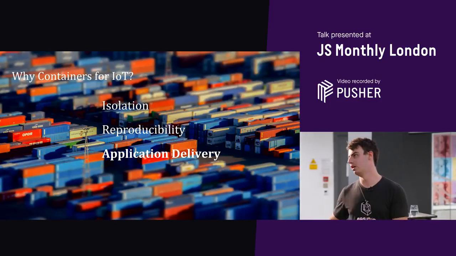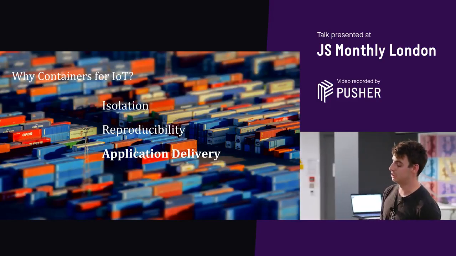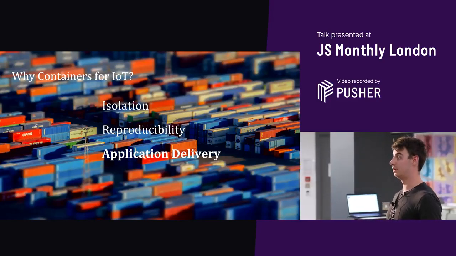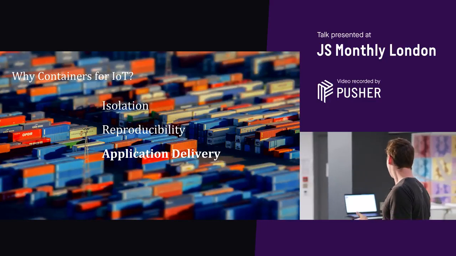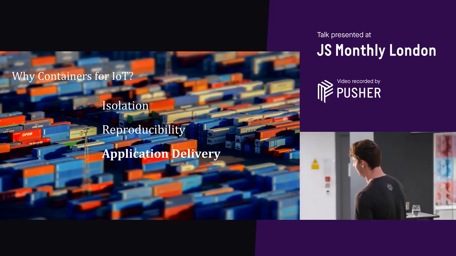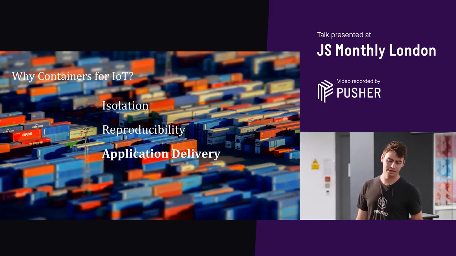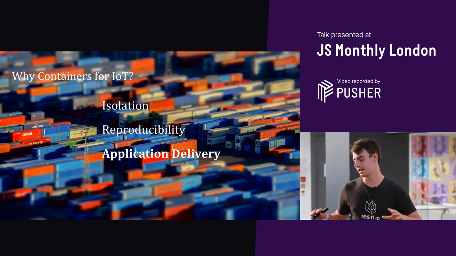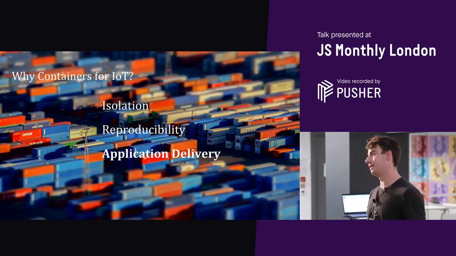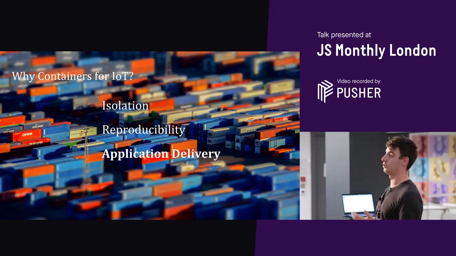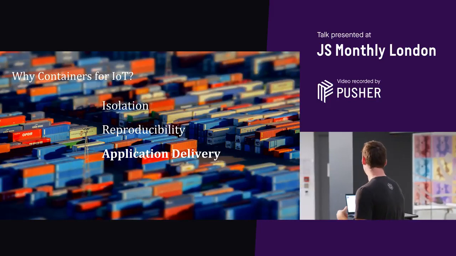We need some way of telling the device that the update is ready. We need some way of the device downloading the application without knowing anything about the application itself. And we need a method of tearing down that application should something go wrong. Now, Docker containers enable you to get all of these things for free. This is what Docker was designed for, and this is what Docker does very, very well.